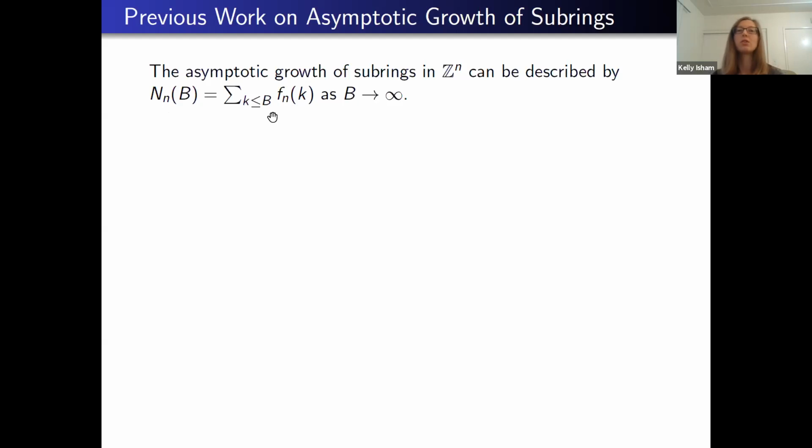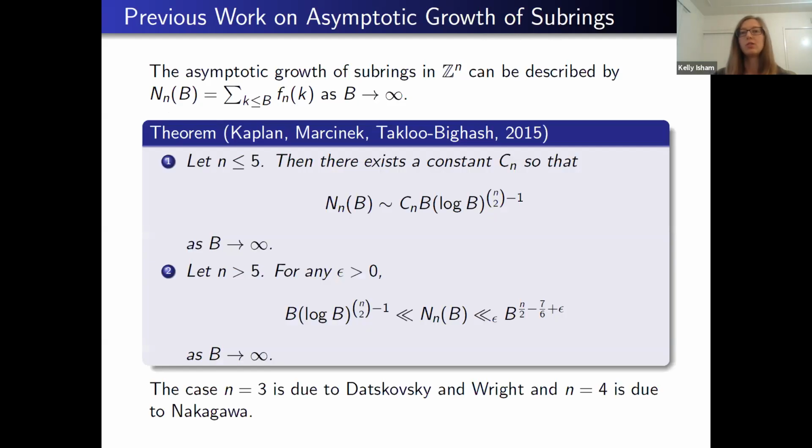So just counting all subrings of index at most b, and we study this as b goes to infinity. And so their theorem is they give an asymptotic function for this formula when n is less than or equal to 5. What they get is essentially b to the first power, coming from this rightmost pole at s equals 1, and then they get a log term as well.